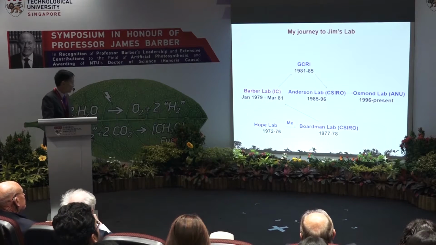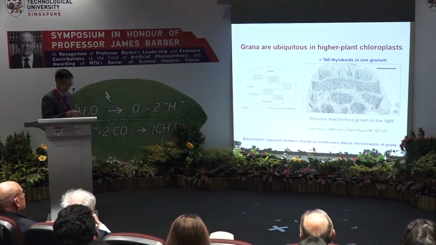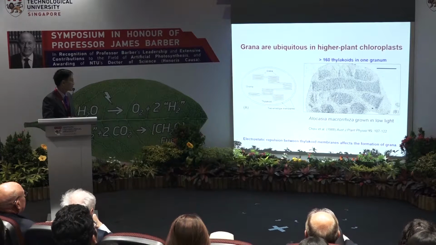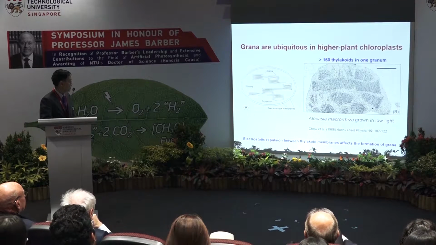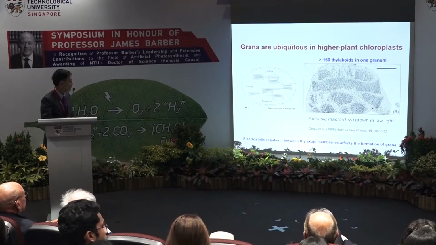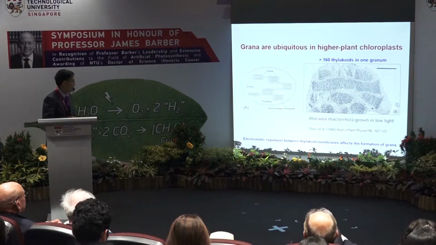So I want to talk about grana, the structures that are formed in the chloroplast, consisting of stacks of thylakoid membranes. Each thylakoid is like a hot water bottle with many necks interconnected to other thylakoids, and they form a stack or granum stack.